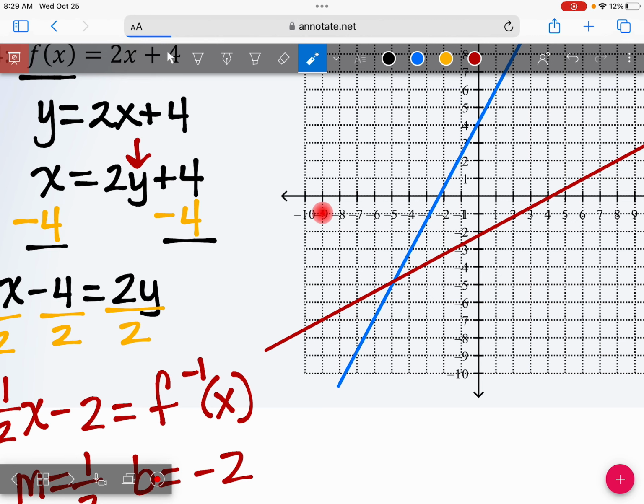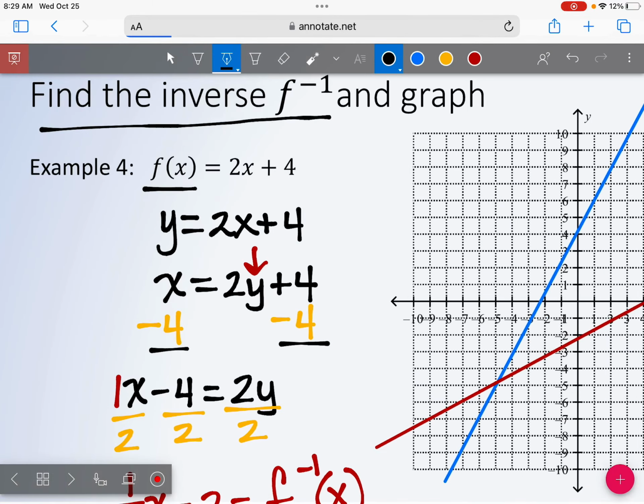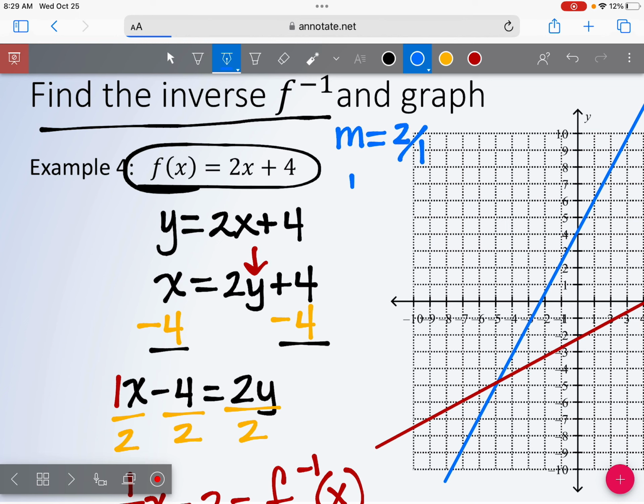Okay, my red line is my inverse, so I'm going to label that as inverse of function f. Now let's also graph the original function, what we started off with. Our original function had a slope of 2/1 and a y-intercept of +4.